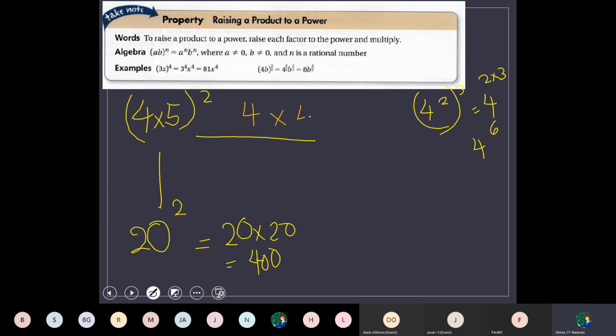Here we have 4 times 5, so I can distribute the power into the first number and the second number. After distributing it, 4 squared is 16, times 5 squared is 25. Then after multiplying them, the answer is 400.